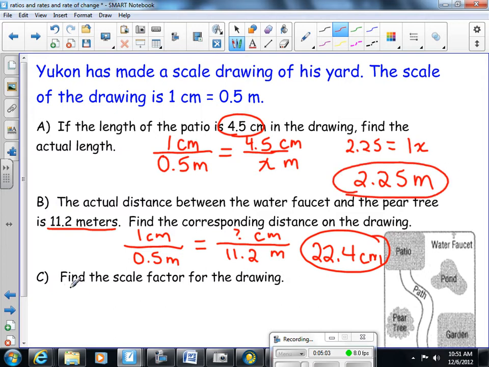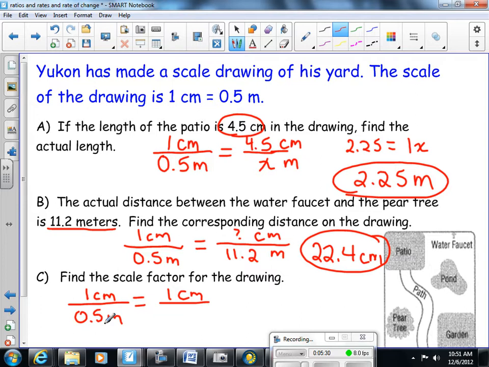Now it asks here, find the scale factor for the drawing. If we were reviewing, scale factor means you have the same units, and you want new to original. So the new is 1 centimeter. The original is half of a meter. But now I have to make sure that these are the same units. So let's rewrite it: 1 centimeter, and let's change this to centimeters.